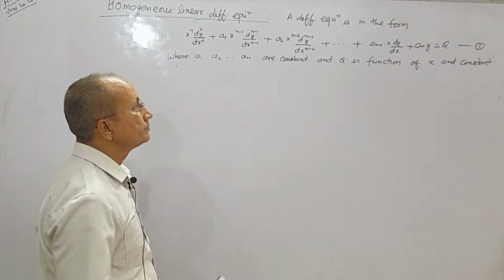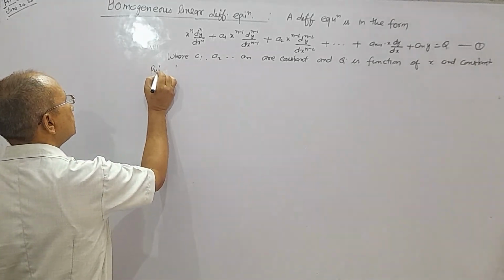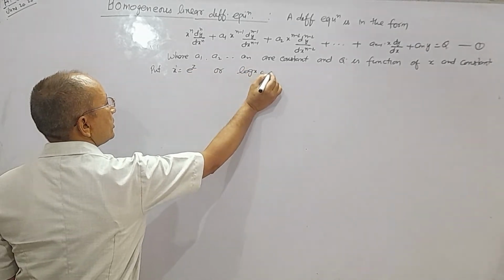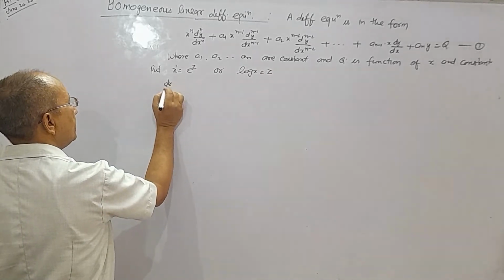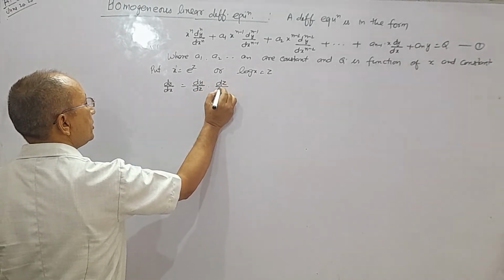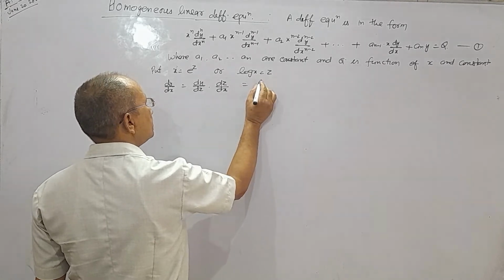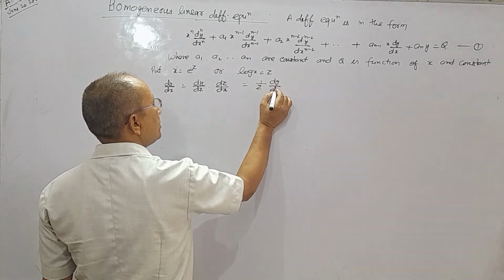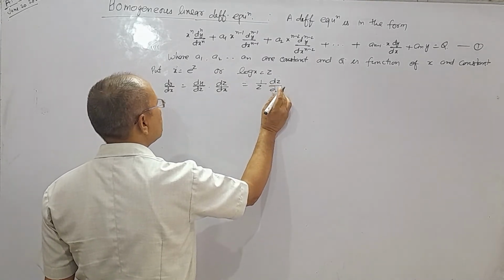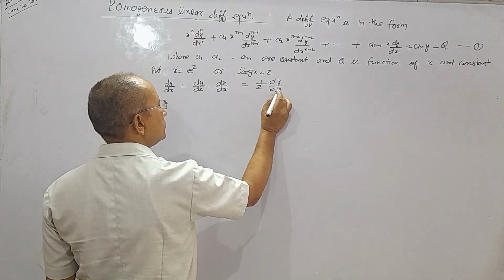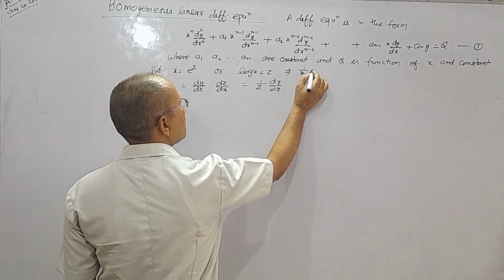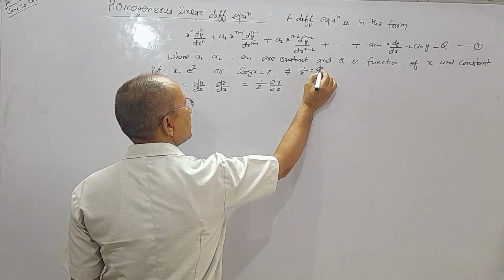Whose solution is: put x equals e to the power z, or log x equals z. dy upon dx may be written as dy upon dz into dz upon dx, which is 1 upon x dy upon dz, since the differential of log x is 1 upon x.